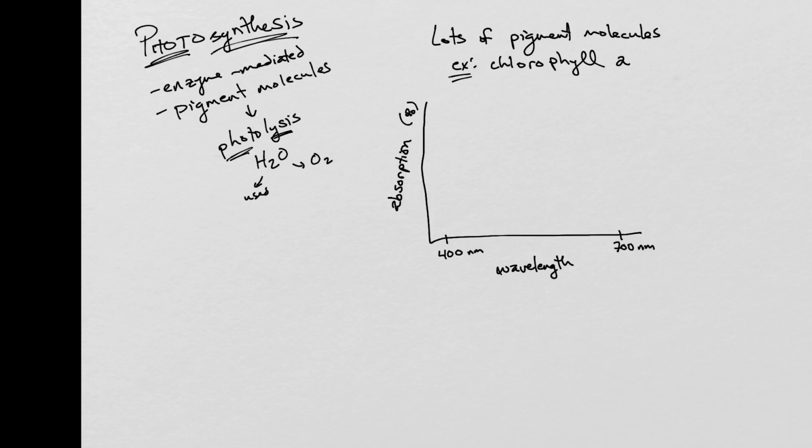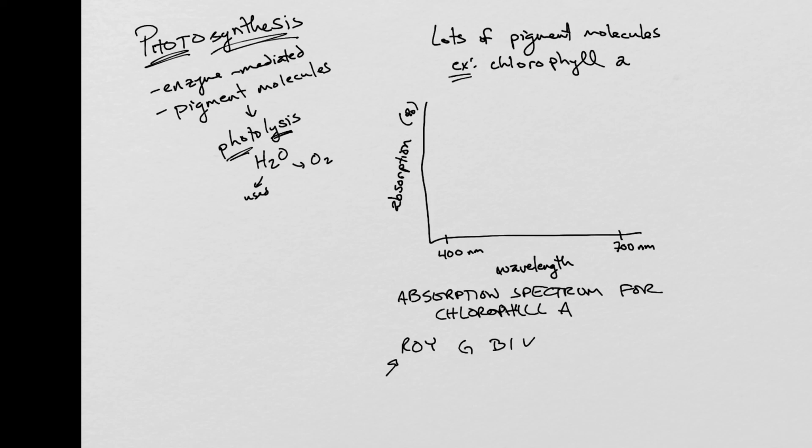So this is an absorption spectrum, and this one is specific to chlorophyll A. Now, chlorophyll looks green, which means it reflects green light. So where does green sit in here? Well, do you remember Roy G. Biv? R in Roy is for red. O and Y are orange and yellow.